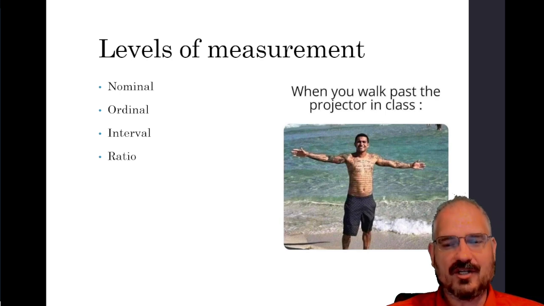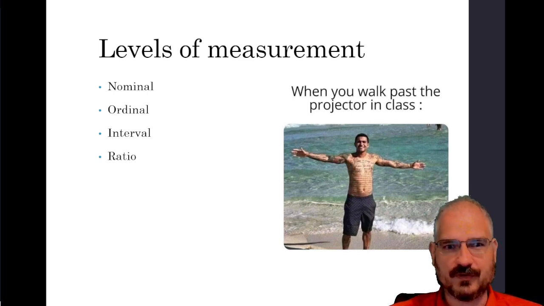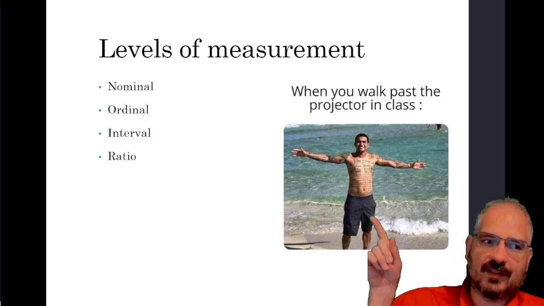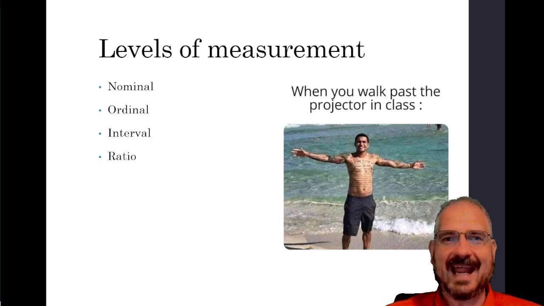And when you're measuring some concept, you're creating some measure, creating some variable, you want to use the higher order, meaning lower on this list, level of measurement that you can reasonably use, right?